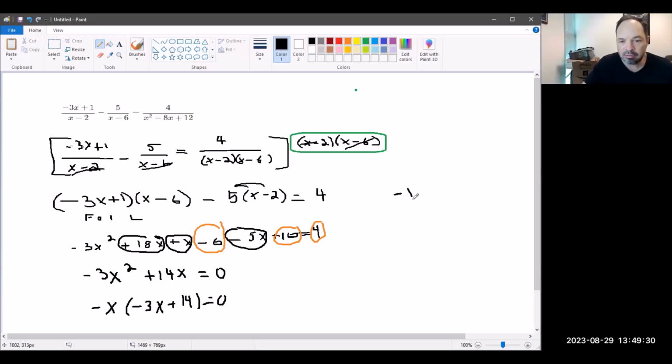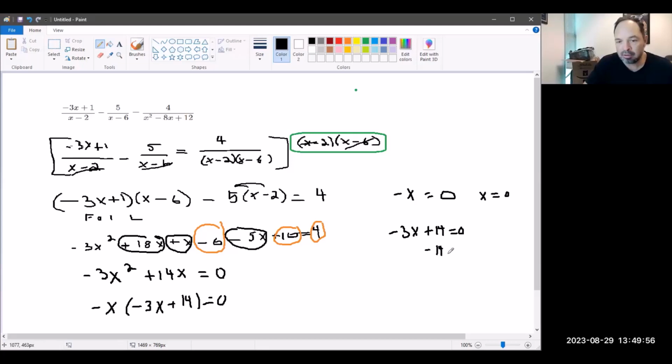That means negative x is 0, which means x is 0. And then I have negative 3x plus 14 is 0.